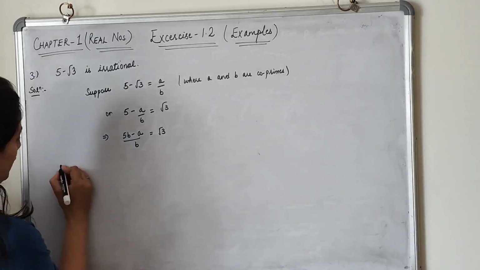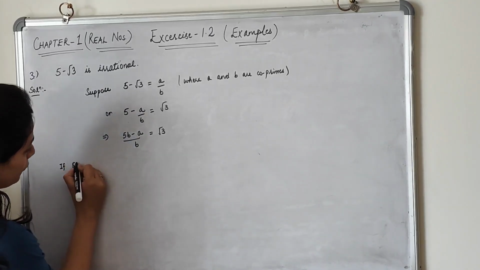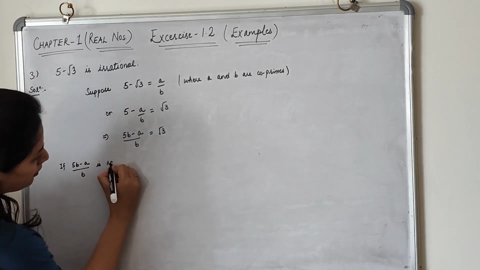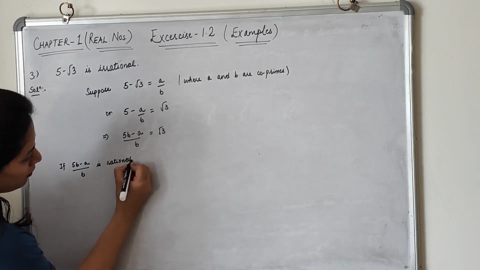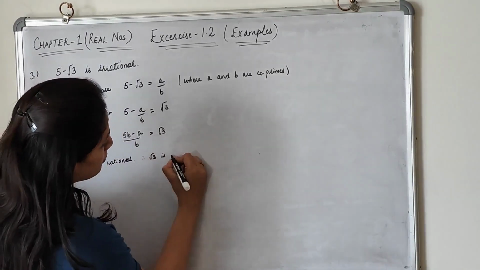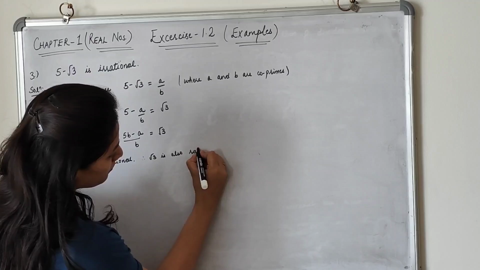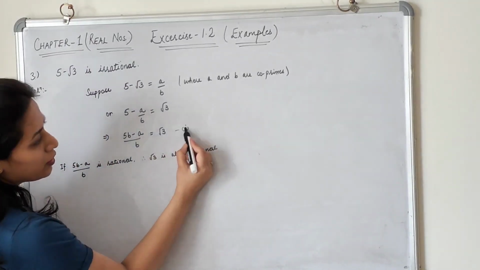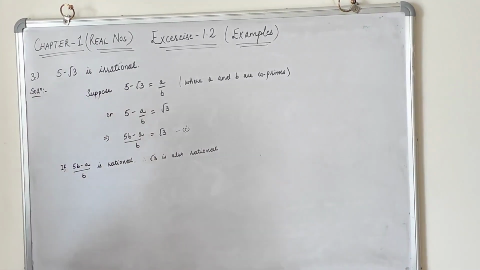Yes, if 5B minus A upon B is rational, therefore root 3 is also rational as per equation number 1.